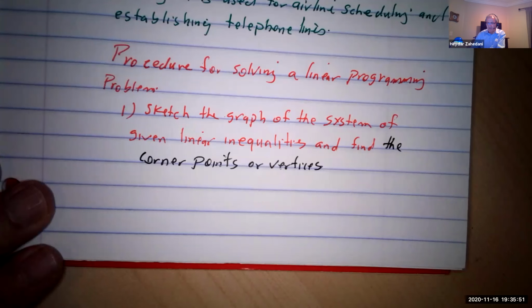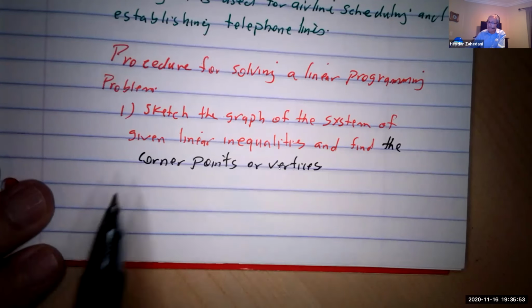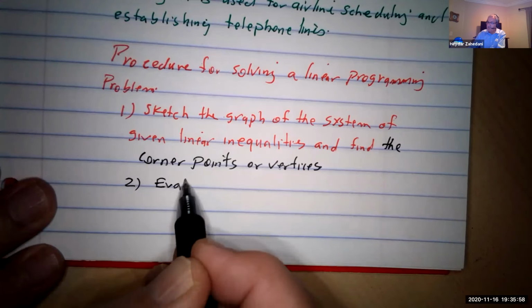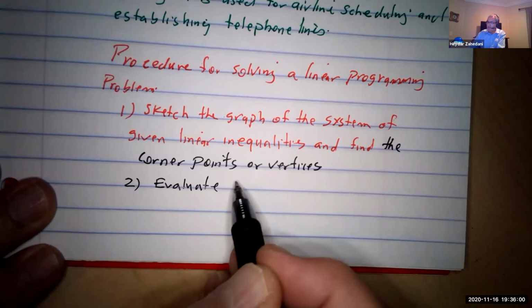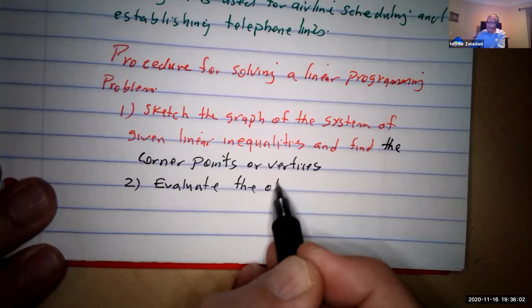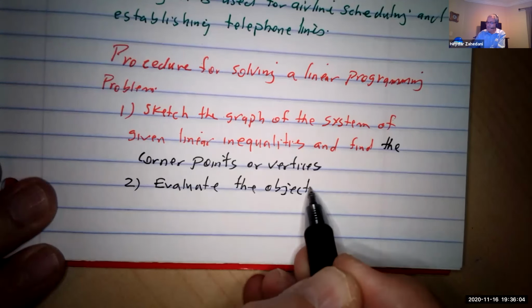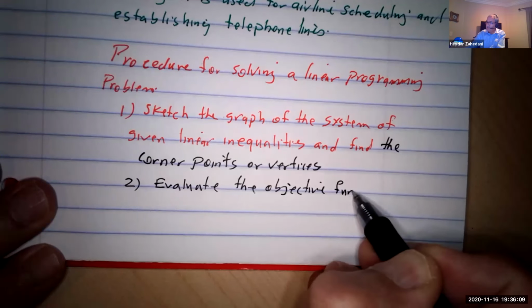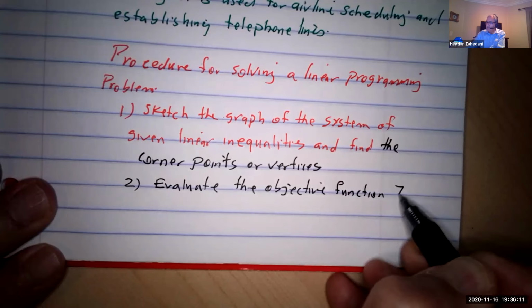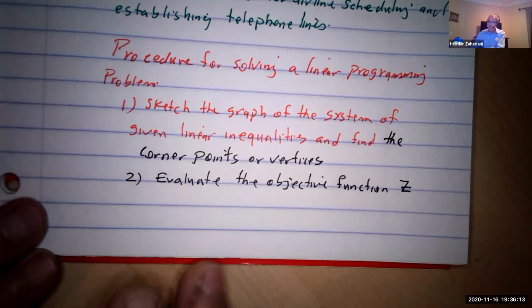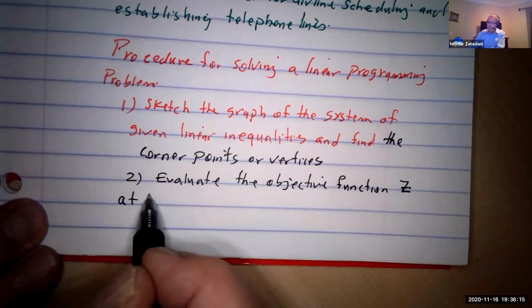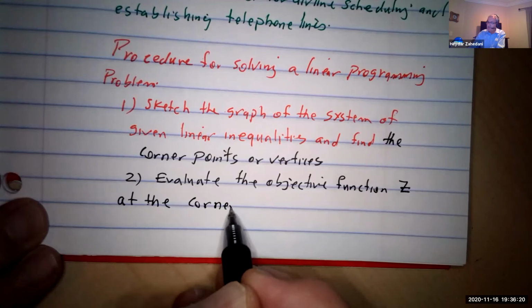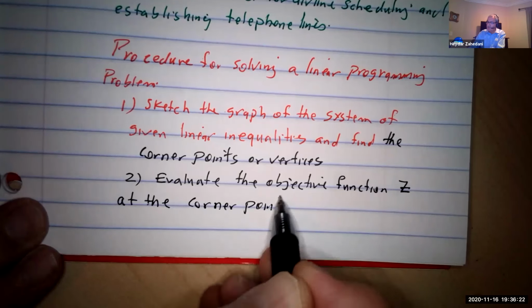Then the second step is to evaluate the objective function z at the corner points. You substitute.